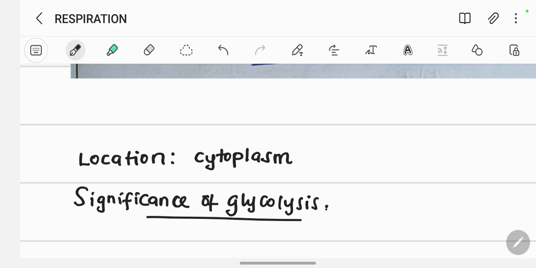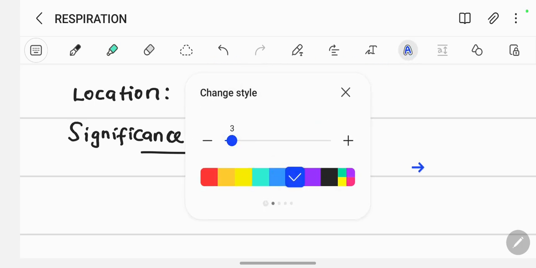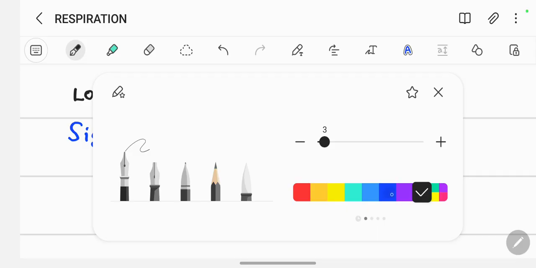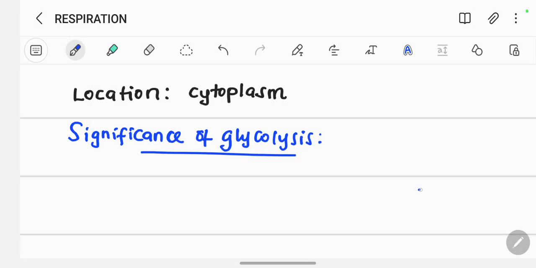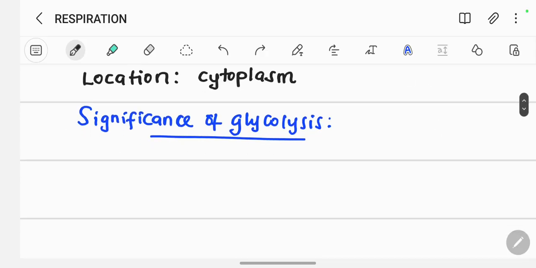So significance of this glycolysis, we have, let me change this to blue, the first one. The first one is ATP for powering cellular activity.